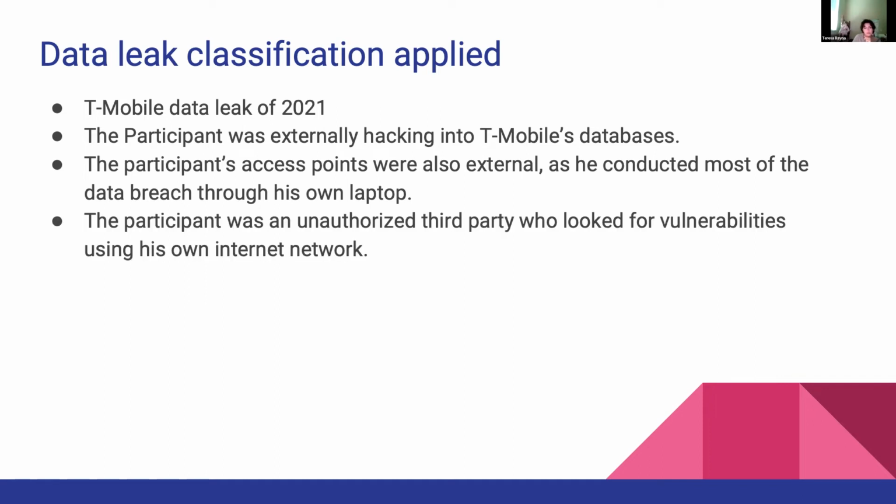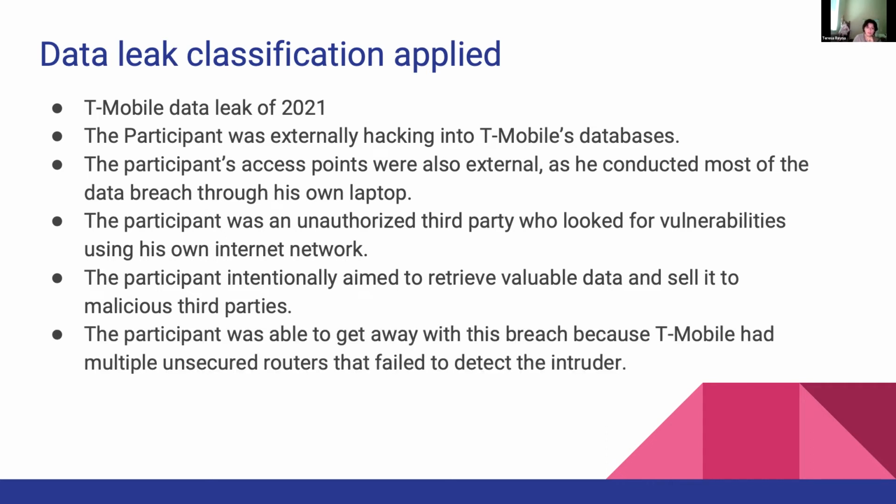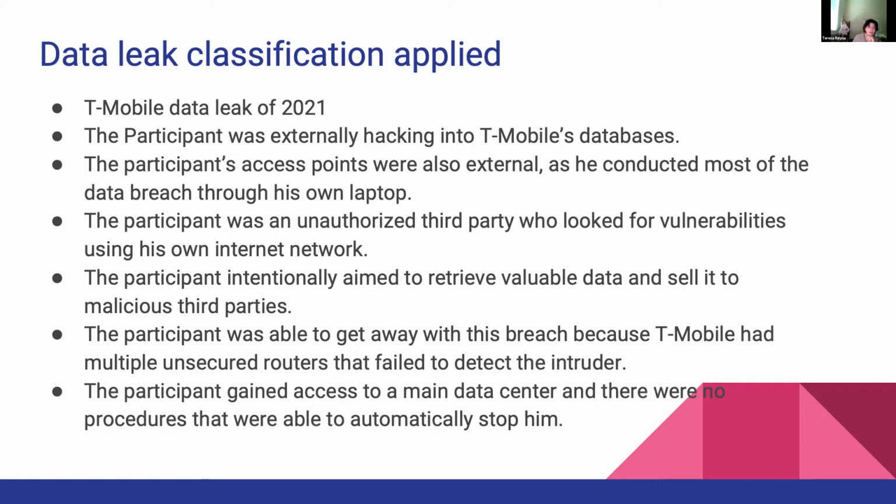The participant was an unauthorized third party who looked for vulnerabilities using his own internet network. The participant intentionally aimed to retrieve valuable data and sell it to malicious third parties. The participant was able to get away with this breach because T-Mobile had multiple unsecured routers that failed to detect the intruder. The participant gained access to a main data center where there were no procedures able to automatically stop or detect him.